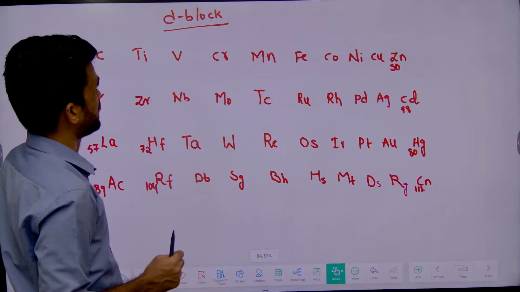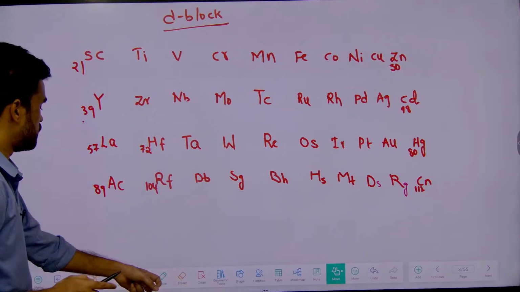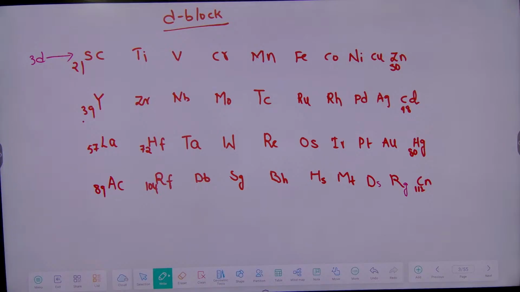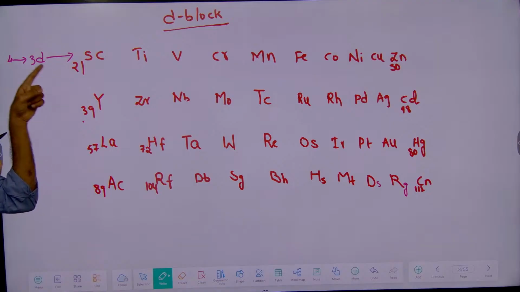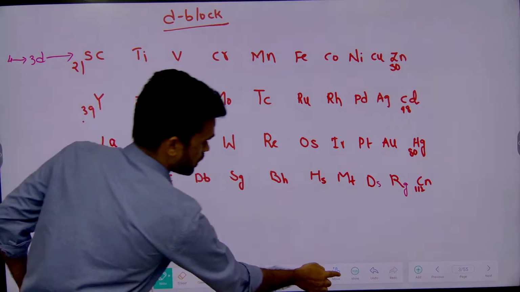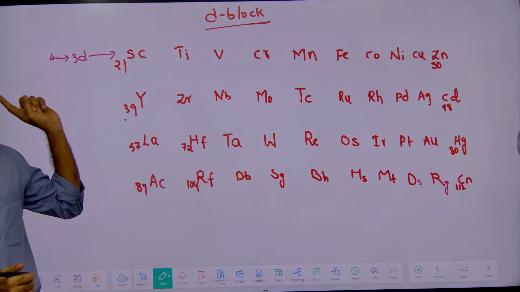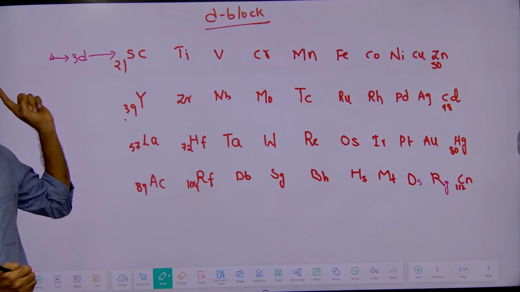So first group elements, I mean the 3d series. See, what is this series called? 3d series. Elements are 3d series, but they belong to which period? Fourth period, but you can say 3d series elements. 3d series, but fourth period elements. Because we know the d subshell starts from n equals 4.